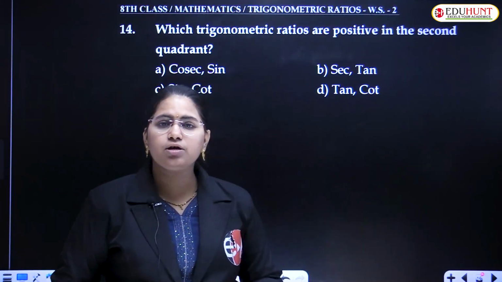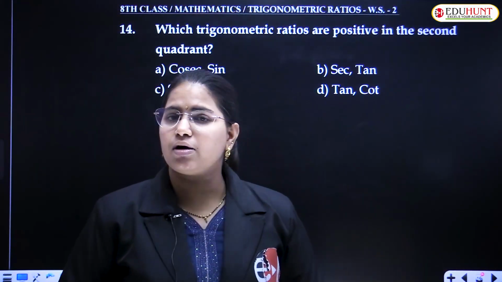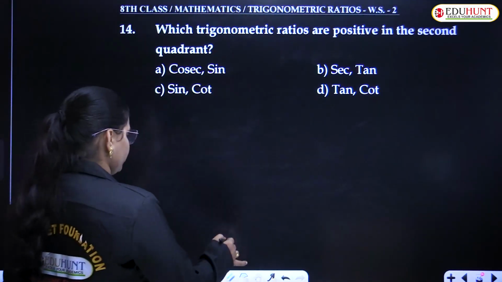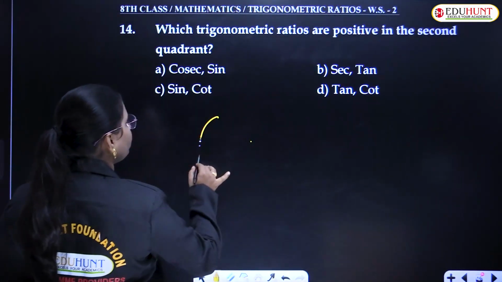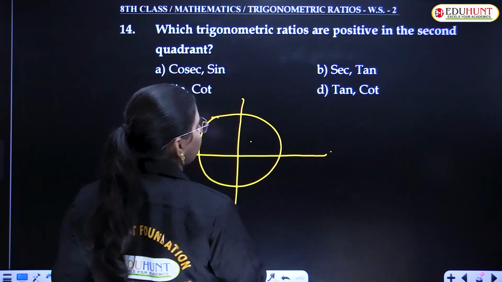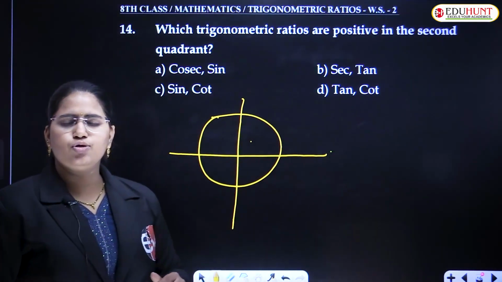We have discussed this, do you remember? I have taken a circle. Just a minute, I'll recall it for you. Don't worry, guys. If you don't remember, I am here to remind you.